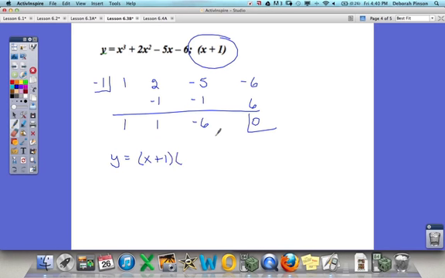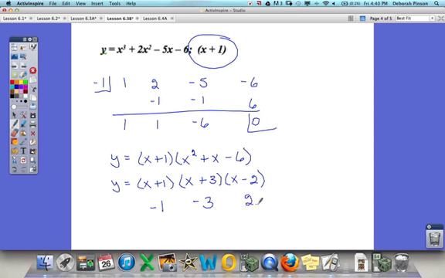And then my answer here is x squared plus x minus 6. And then I'll factor that again. Let's see, plus 3 minus 2. Okay, so this is factored completely. If I want the zeros, it's negative 1 when I set that equal to 0 and solve, negative 3 and 2.